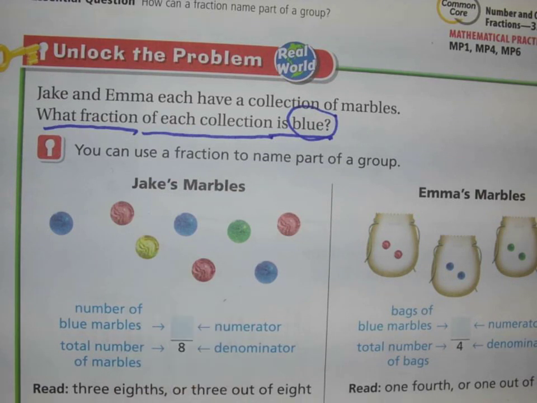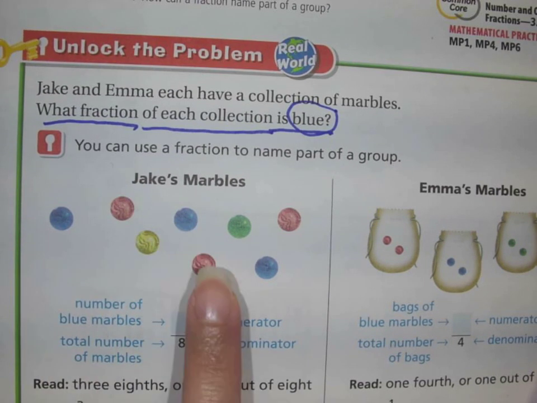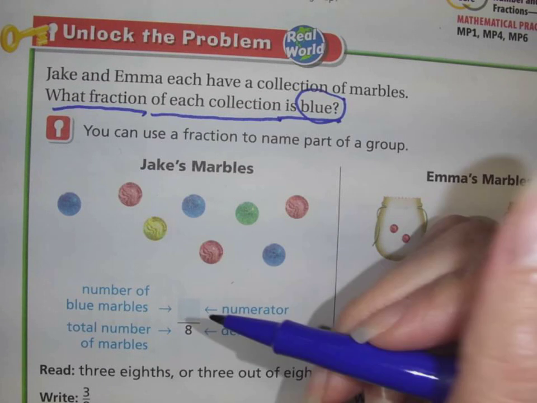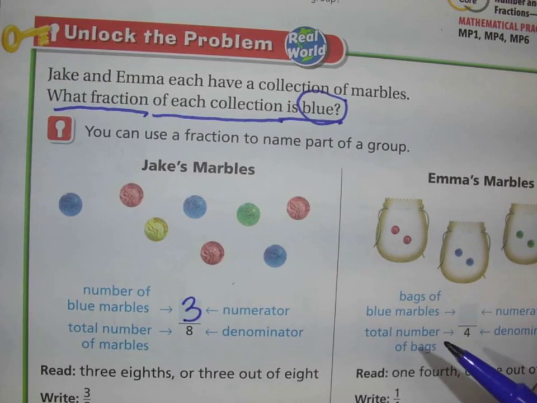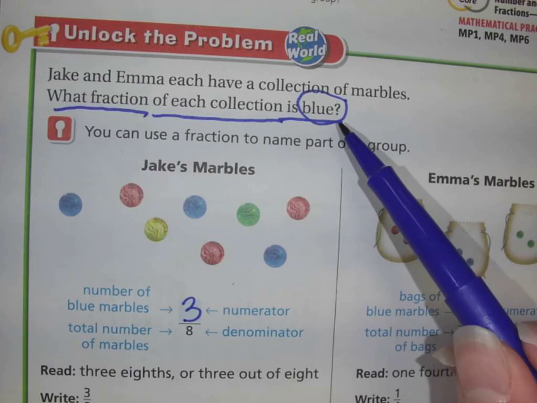So let's first start with Jake's collection. I'm going to count all of Jake's blue marbles. Well, I see 1, 2, 3. 3 blue marbles. So that is our numerator, because we are being asked to write the fraction of the collection that's blue.